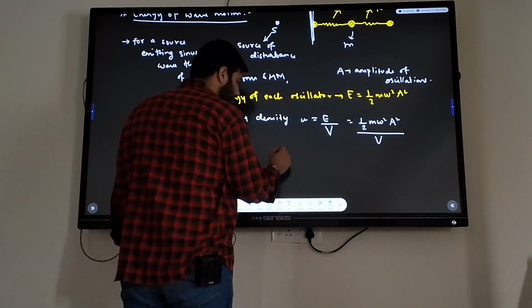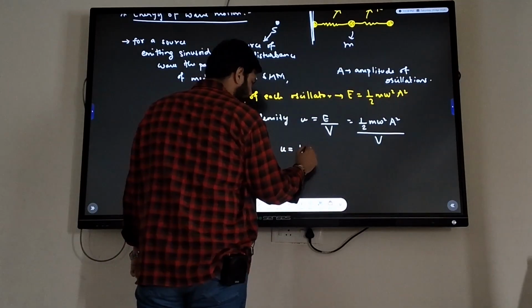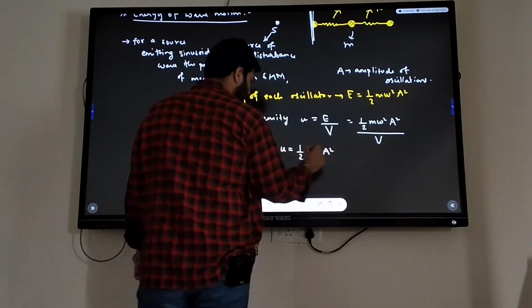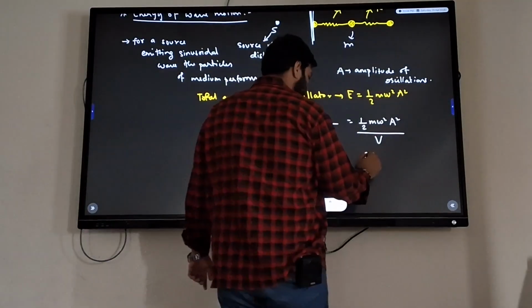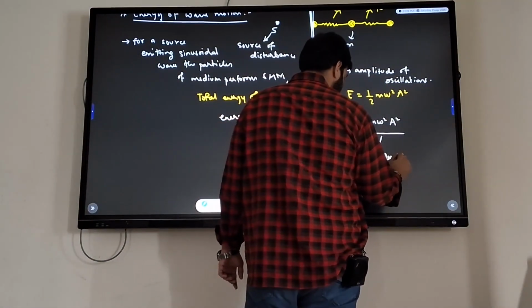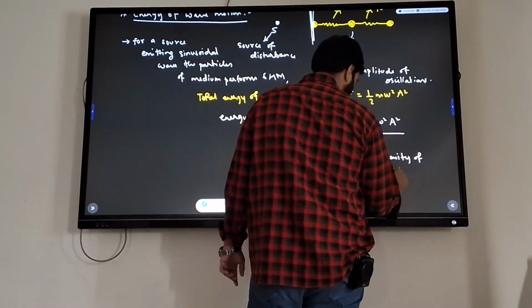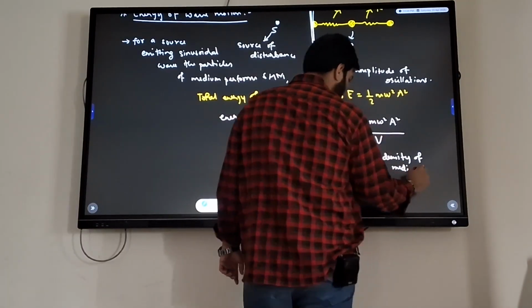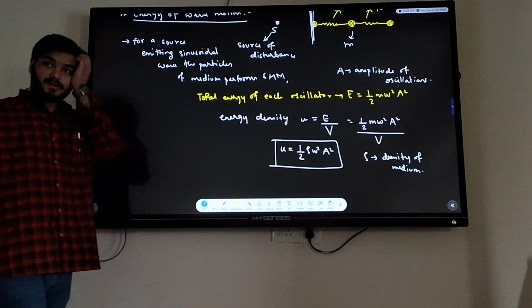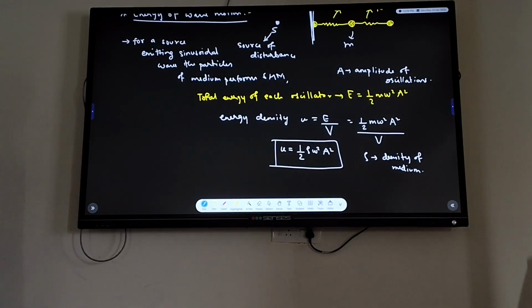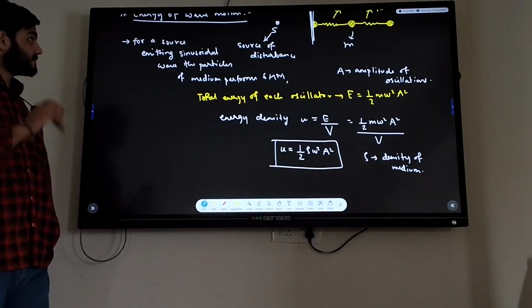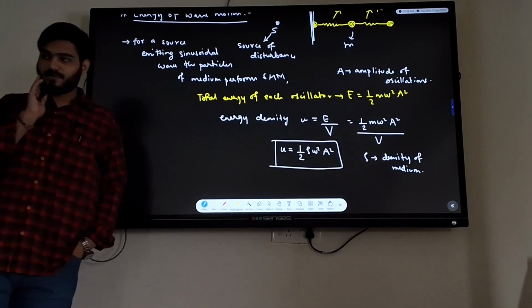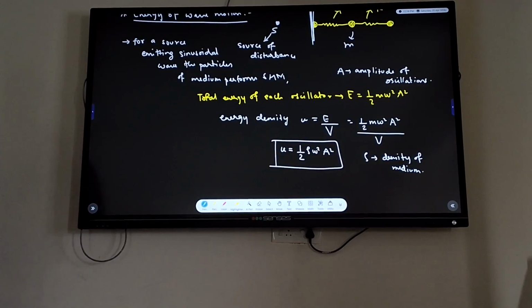So your energy density is equal to half rho omega square a square, where rho is the density of the medium. Is it okay? This is the expression of energy density, small u.